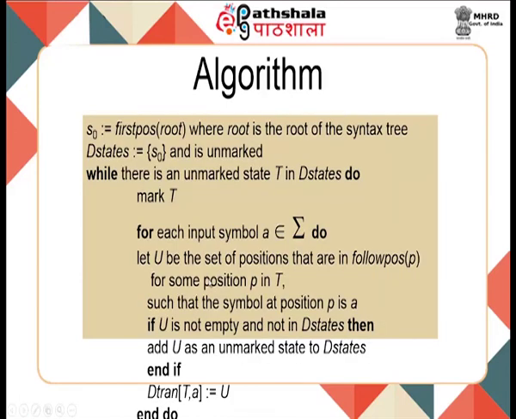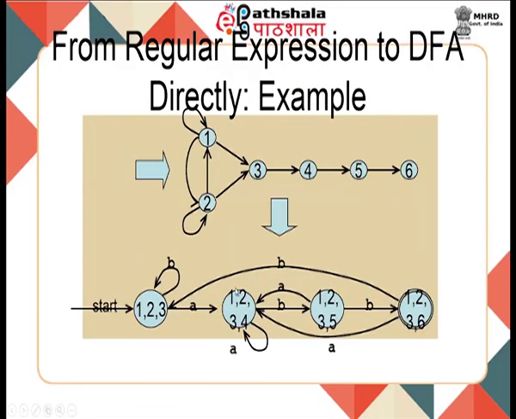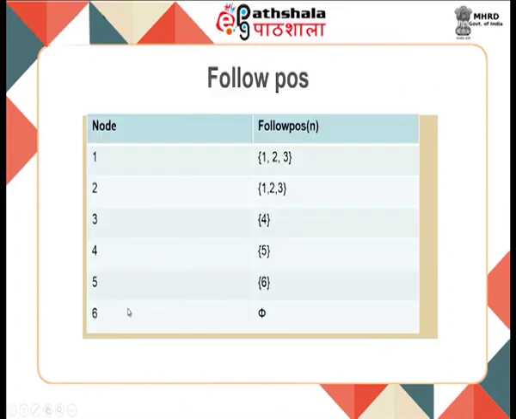Therefore, you will basically have to go to 1, 2, 3, 4 on A from 1, 2, 3. Remember that only 2 contributes to B, 1, 3 contribute to A. 1's follow position is 1, 2, 3, 3's follow position is 4. So, this on A goes to 1, 2, 3, 4 and 2 contributes to B. So, 2's follow position is the same 1, 2, 3, because if you remember the table here, follow position of 2 is 1, 2, 3.